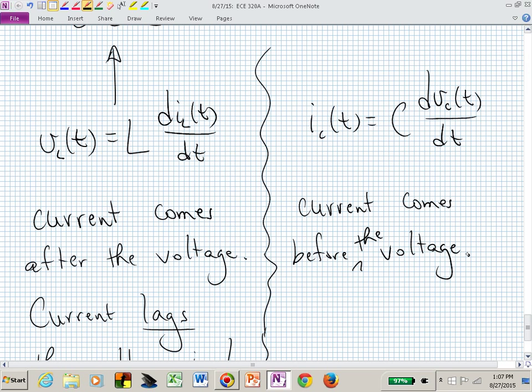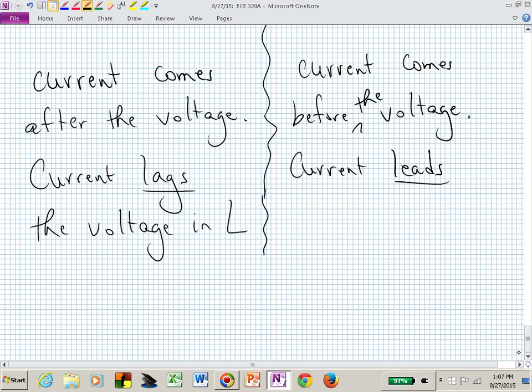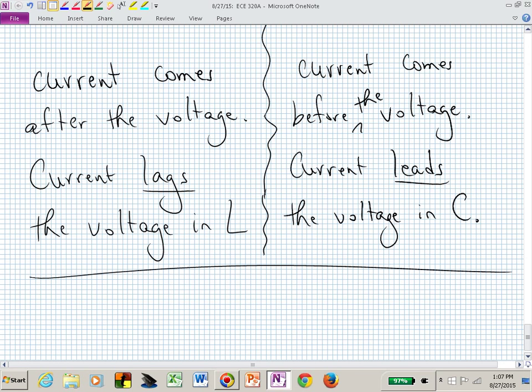And we say then that the current leads the voltage in a capacitor. So just with Eli and ice, we now know this current-voltage relationship between the inductor and the capacitor, which one's lagging, which one's leading. And you're going to be playing with that a lot as we deal with power.